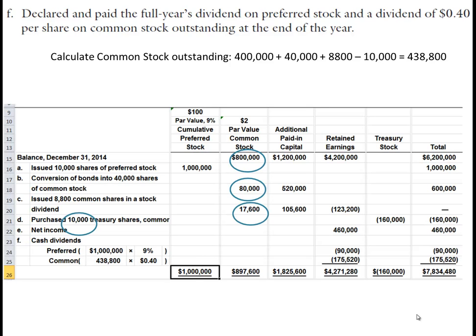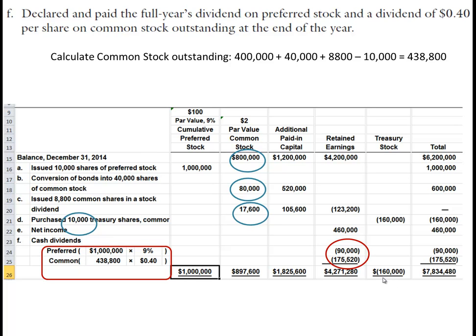You can see here in blue where we had the $800,000, which divided by 2 was your 400,000, then your 40,000, then your 8,800 shares that we issued in C, plus we have to subtract out the treasury shares because remember, treasury shares are no longer outstanding.